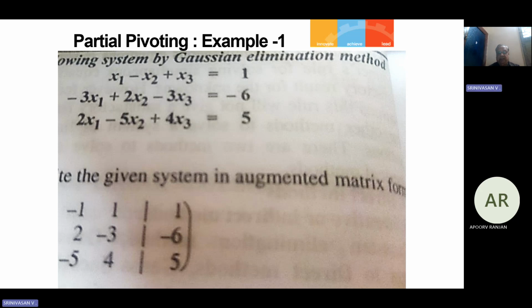Just put your demarcating line. 1, -6. Okay.